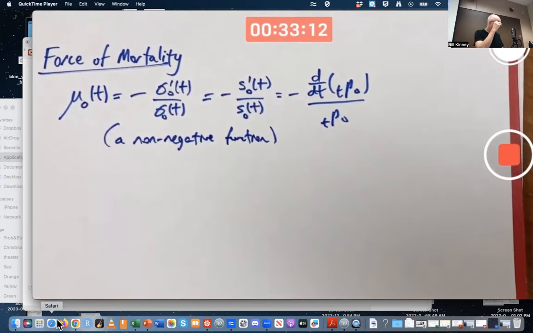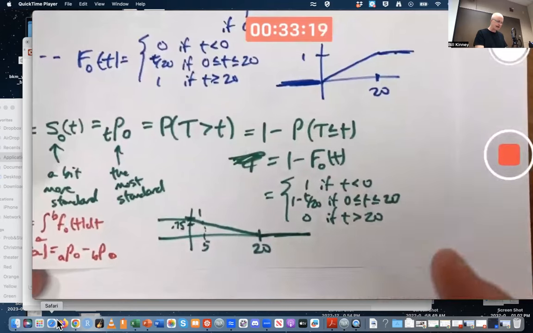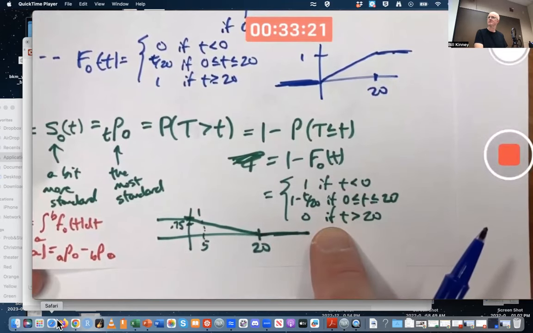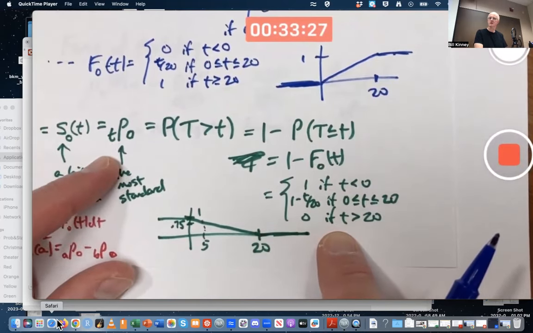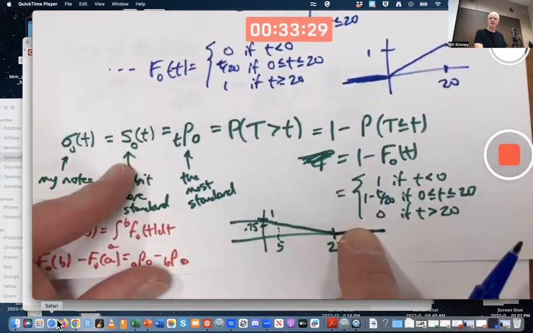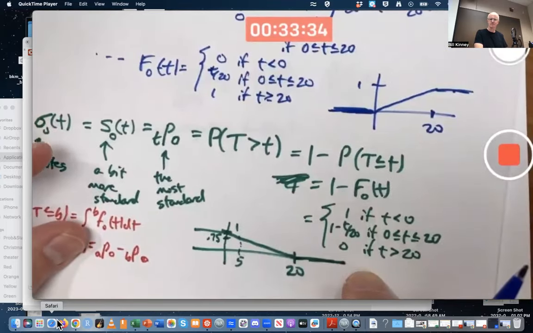What does it equal for our example? I guess I have to differentiate that. Right? That's our tp0 function, our sigma and S of t function. I guess I have to differentiate this, divide it by itself.